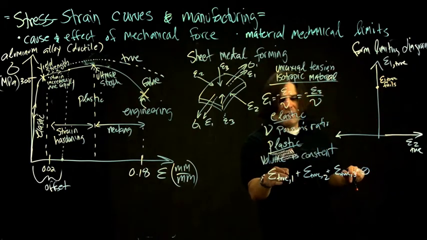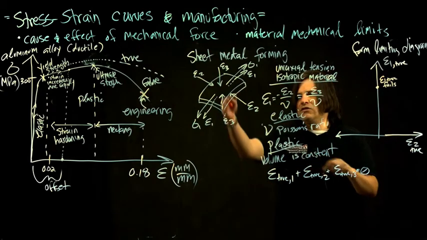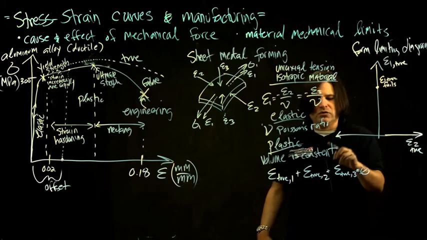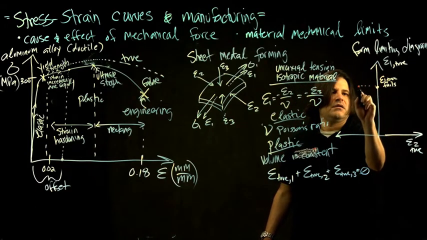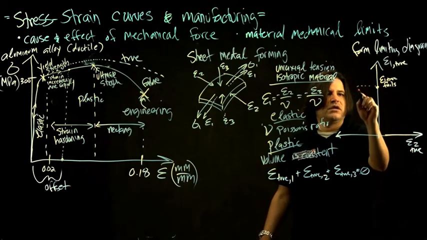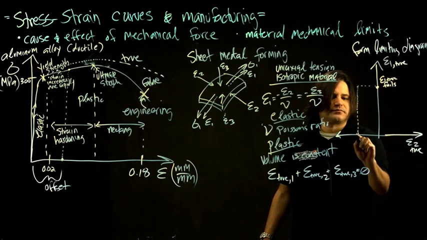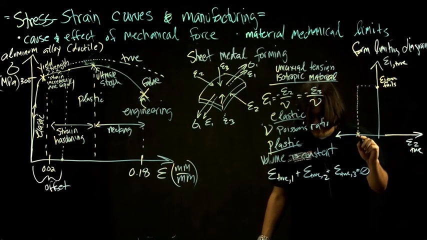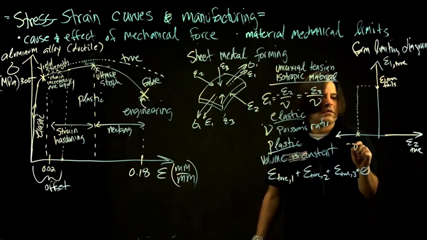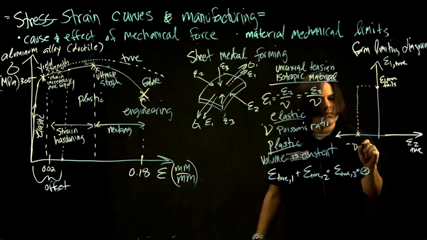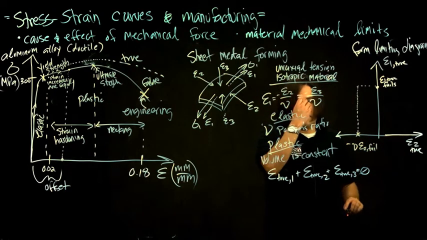Then by this conservation of the volume, you can relate this to the other two, because they're fixed, they're coupled. You would say, according to these ratios, that would give you a negative strain right here. So this is where it fails.